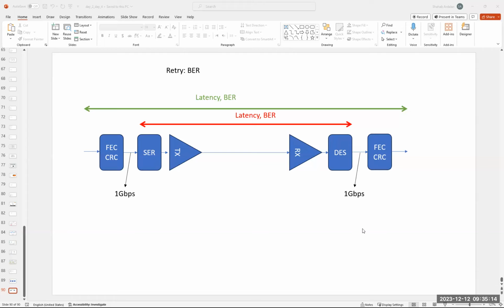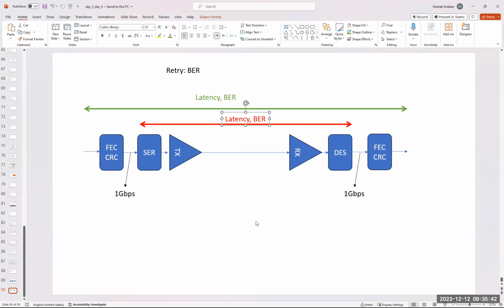Here, for bit error rate and latency, we receive 1 gigabit per second data from the core logic, pass it through the serializer if we use one, then TX, RX receiver, and deserializer, where again we pass 1 gigabit per second data to async. That's the first set of numbers that we're going to capture, and we can call that latency and raw bit error rate, something like that. We can define the name later.